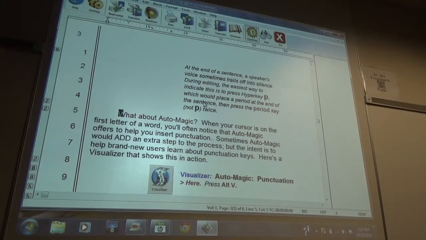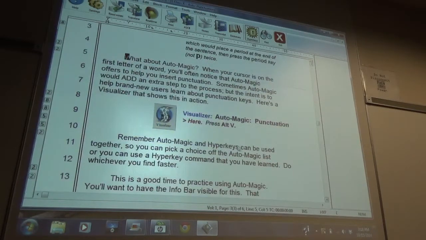Or you can just have your cursor on the word we, and you just push comma, and it already puts the comma by well, space, and then keeps going. So I think it just saves you a little bit more time, but you can do it however you want. Okay? Any questions about that? All right.